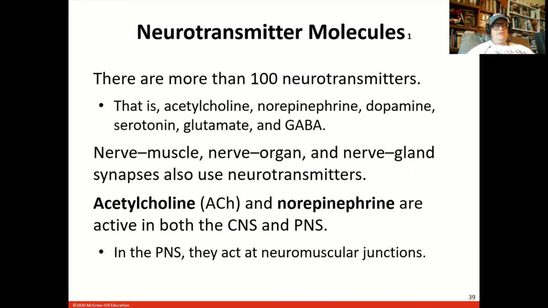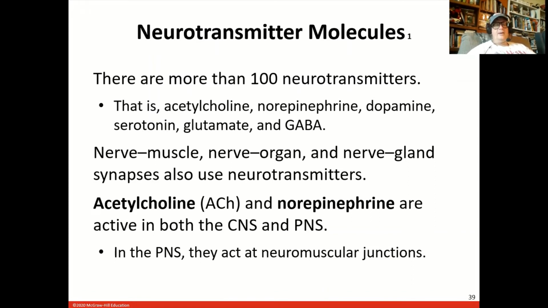Anyway, neurotransmitter molecules. There's the acetylcholine I was talking about. It's one of like 100 neurotransmitters, everything from norepinephrine, epinephrine, the adrenaline, dopamine, serotonin, you feel good and relaxed. All right. Anyway, they're neurotransmitters. They're lots of chemicals.